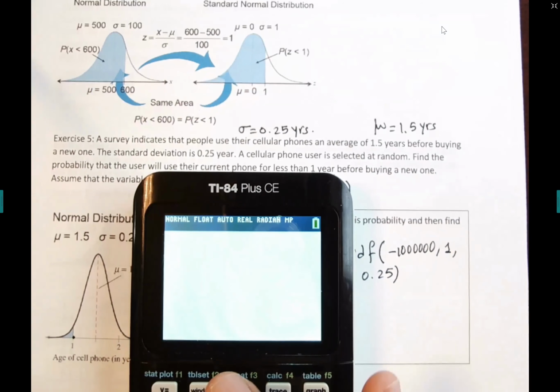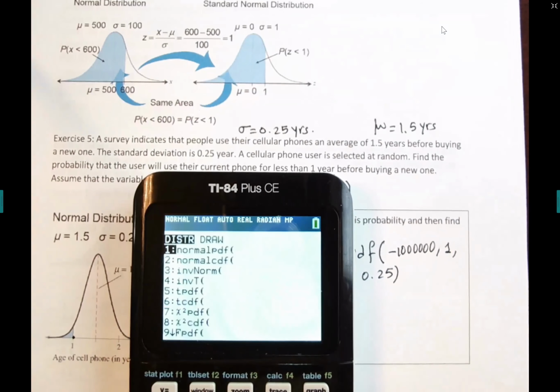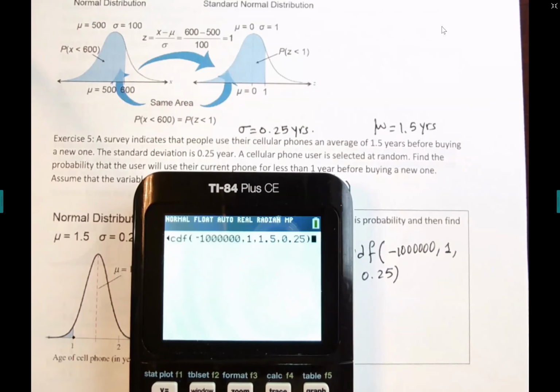Watch. Second, distribution, normal CDF, negative a million. We already have it there. Then 1, then 1.5, 0.25. Okay, I got 0.0227.